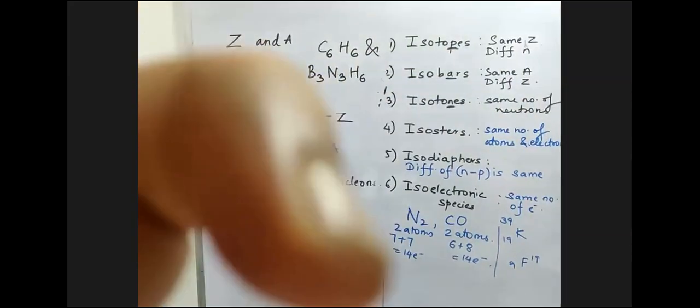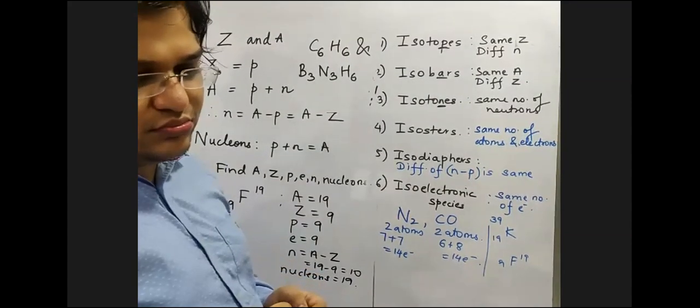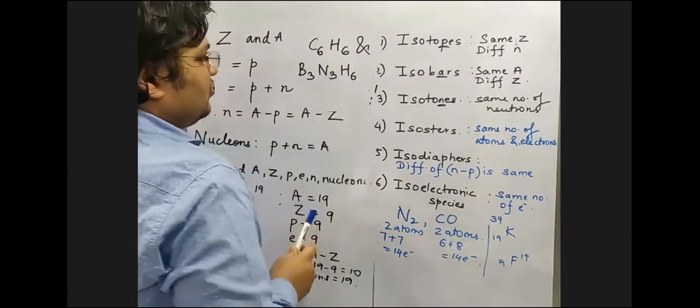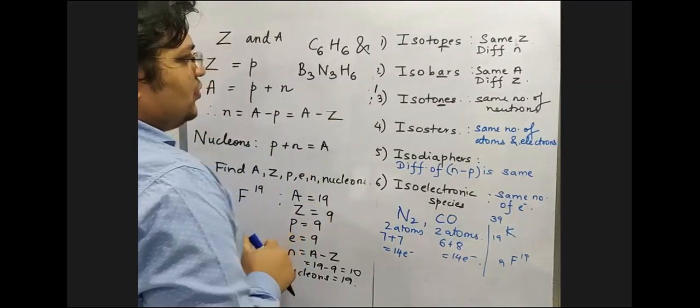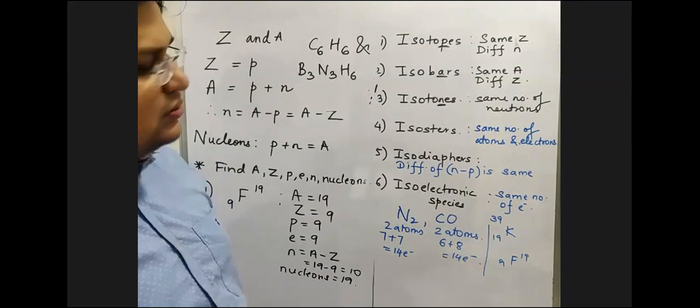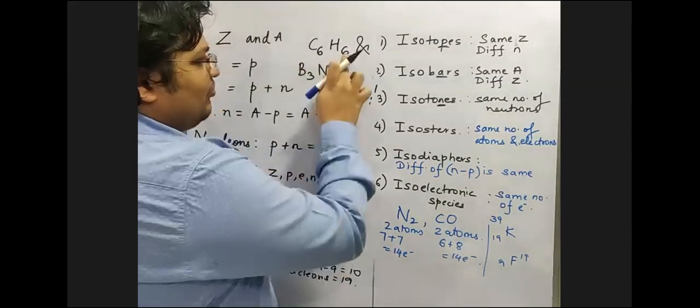Isosters. How? Because the number of atoms are same. How many atoms are there? 6 plus 6, 12, and here it is 6 plus 6, 12 again. Okay. Count the number of electrons: 6 into 6 plus 6 into 1.